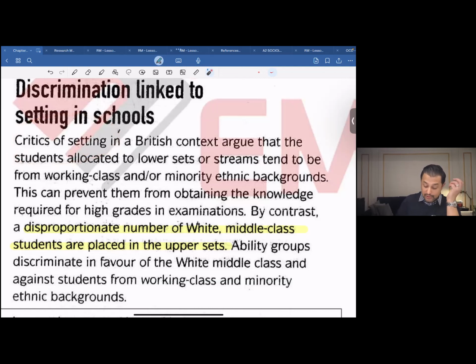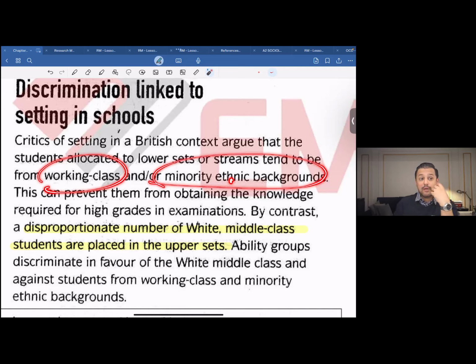So critiques of setting in the British context argue that the students allocated to lower sets or streams tend to be from the working class and/or minority ethnic groups. The idea was that these ability groups would help teachers and the education system identify these low performers, put them together and help them.